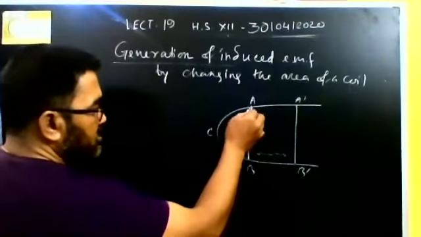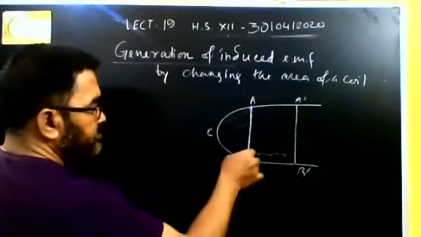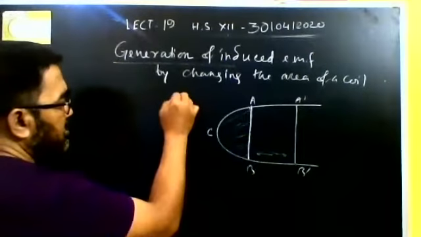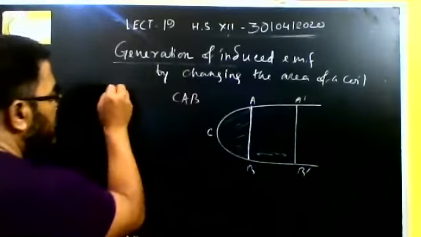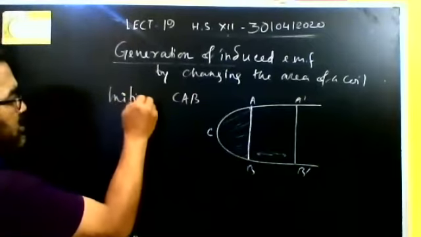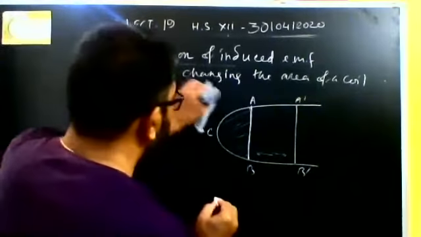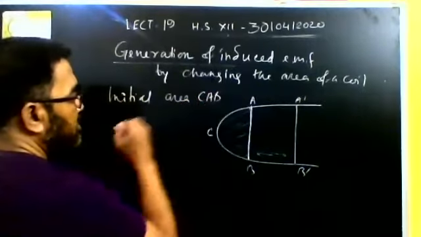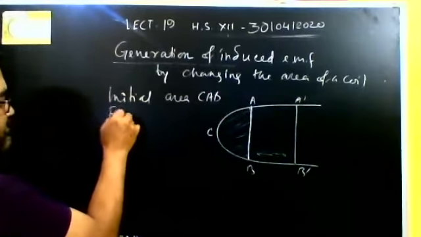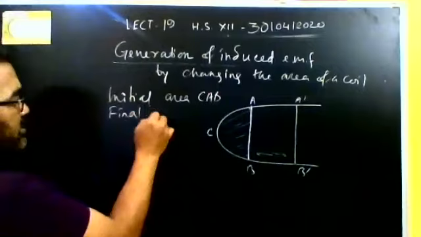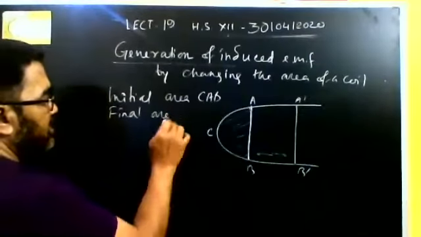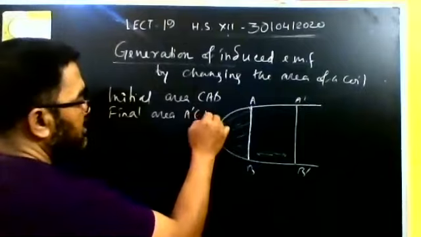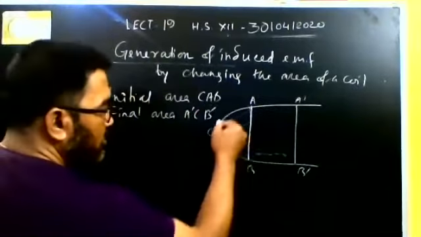Initially, the area was CAB. CAB is the initial area. The final area is A dash C B dash, this whole area.